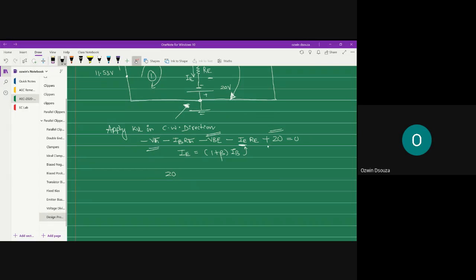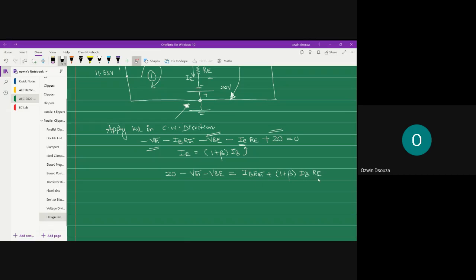So let me write it as 20 minus VTH minus VBE is equal to the resistive drops, IB RTH. When I take it to the right hand side, the drops become positive, so IE can be written as 1 plus beta times IB into RE.